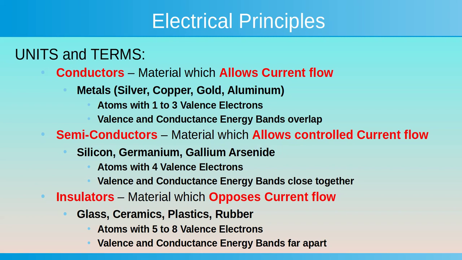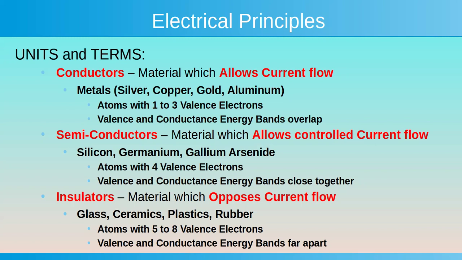In the case of a conductor, there's also another energy level called the conduction band. In a conductor, the valence band and the conduction band overlap. So you wind up with free electrons that are free to move with little or no excess energy needed to make them move.